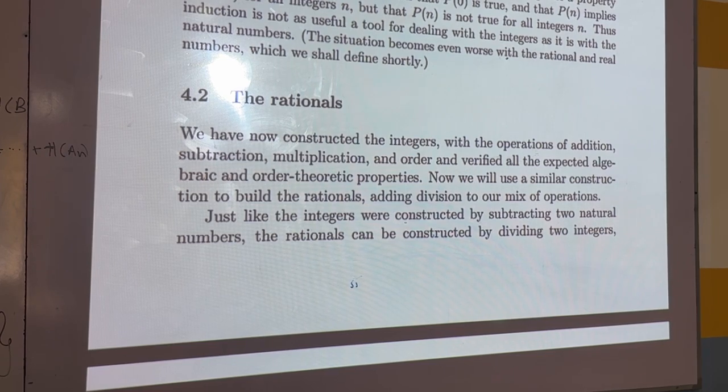So, yeah, here. Rationals. We have now constructed the integers with the operations of addition, subtraction, multiplication and order, and verified all the expected algebraic and order theoretic properties. Now we shall use a similar construction.